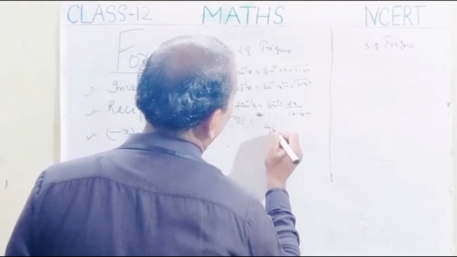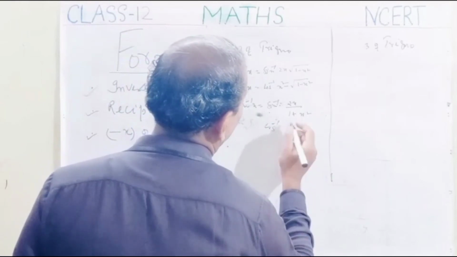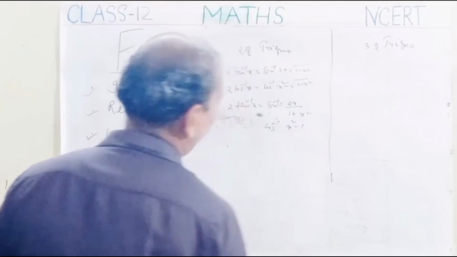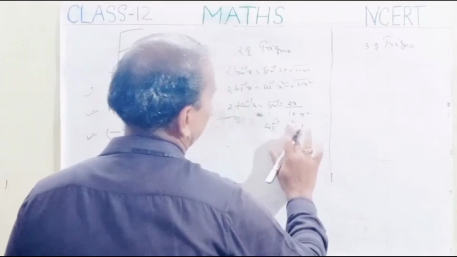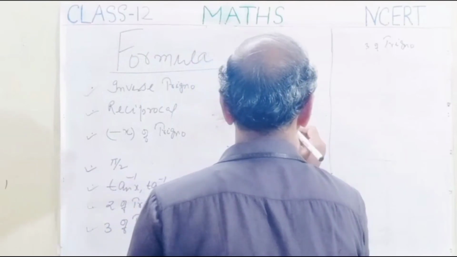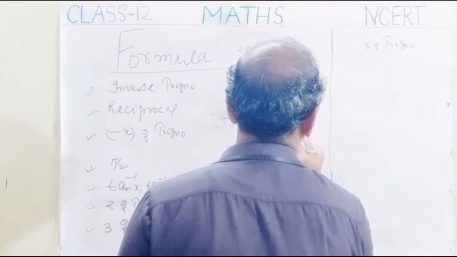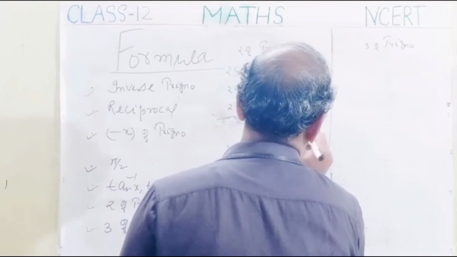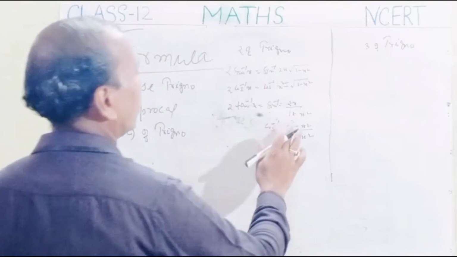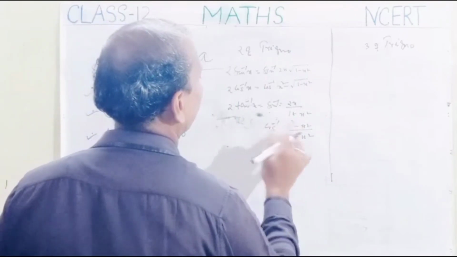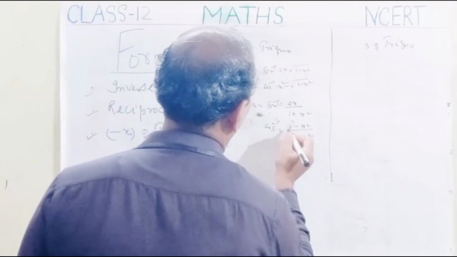Similarly, it is cos inverse, not x square minus 1, it should be 1 minus x square divided by 1 plus x square.